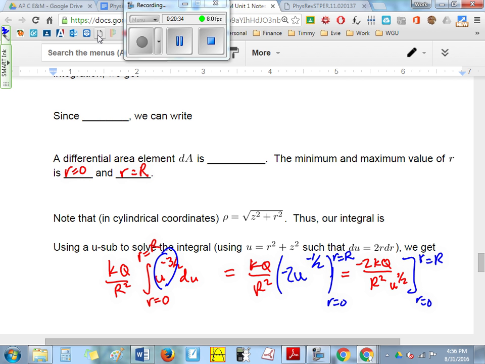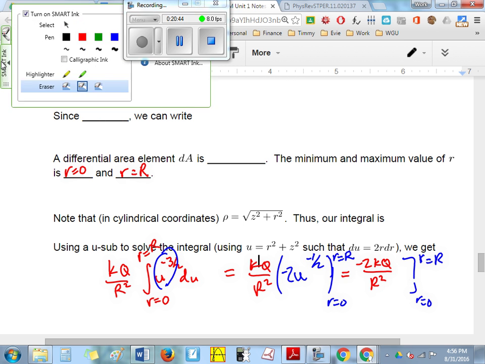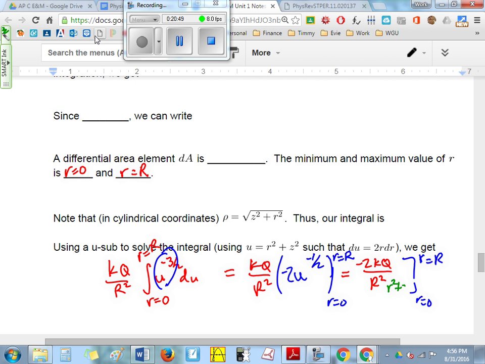And now we are going to change u back to what it meant before. So u meant r squared plus z squared. So Mr. Storr is just going to erase his u to the half. He's going to put back in the r squared plus z squared to the half. And now when you plug in the capital R and the 0, you get something like this.